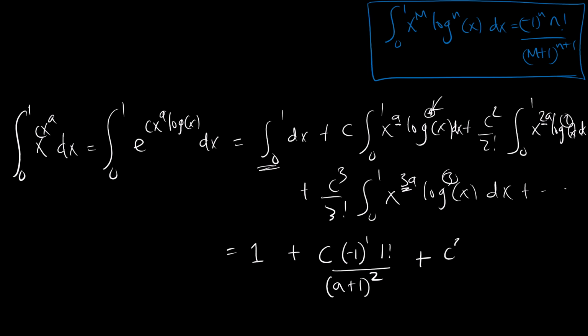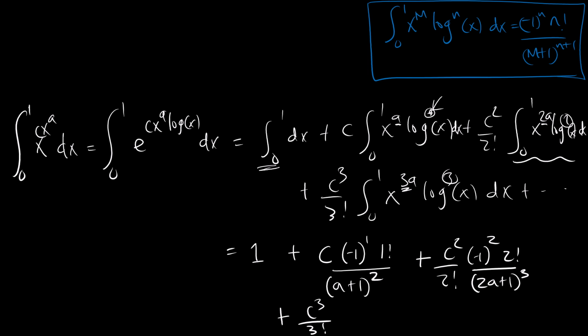Plus c squared over 2 factorial times this here, we have negative 1 squared 2 factorial over, n is 2, a m is 2a plus 1 to the power n is 2 plus 1 is 3, plus c cubed over 3 factorial negative 1 to the power 3 factorial over 3a plus 1 to the power 4, and so on and so on and so on.